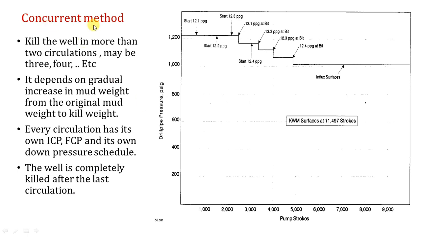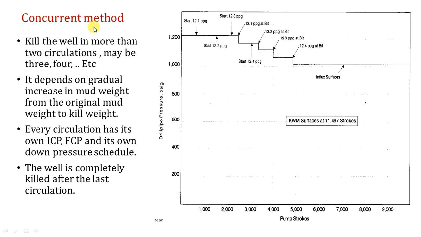We use the concurrent method when we don't have enough space or capacity on the rig to handle the kill mud and the circulating mud coming out of the well. For example, offshore you have little space and you have to kill the well, so you use the concurrent method.